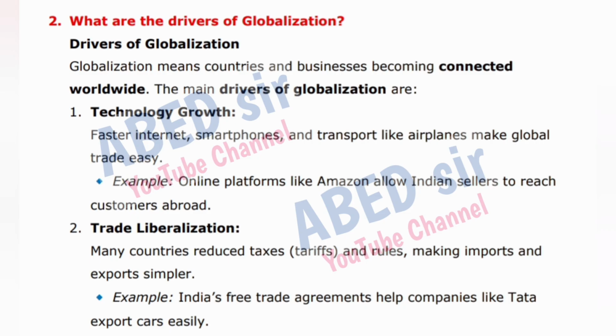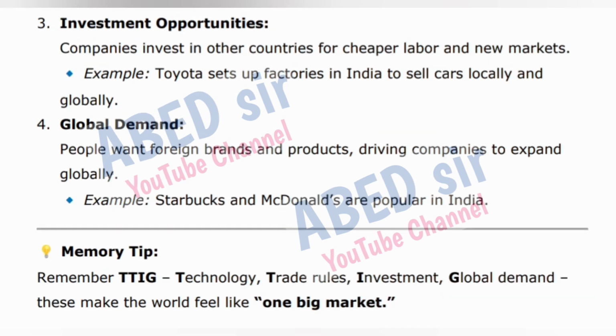2. Trade liberalization. Many countries reduced taxes, tariffs, and rules, making imports and exports simpler. Example: India's free trade agreements help companies like Tata export cars easily. 3. Investment opportunities. Companies invest in other countries for cheaper labor and new markets.